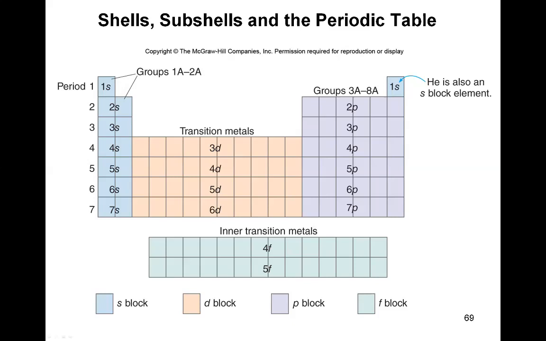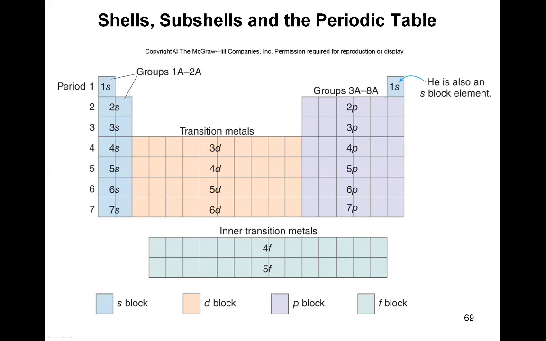We move down to the second period and start filling the 2s orbital. And that's lithium and beryllium. And from there we go straight to the 2p line. And the 2p line here represents the filling of the 2p orbitals. There are 6 columns in the 2p line because you can put 6 electrons in the 2p subshell.